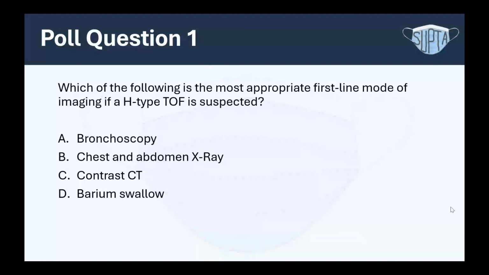Give it another 30 seconds for some people to answer. Okay, we're pretty split. We've got a third of people going chest and abdomen X-ray, and a third of people contrast CT, and the rest is bronchoscopy and barium swallow.